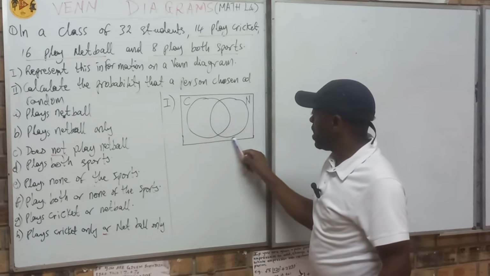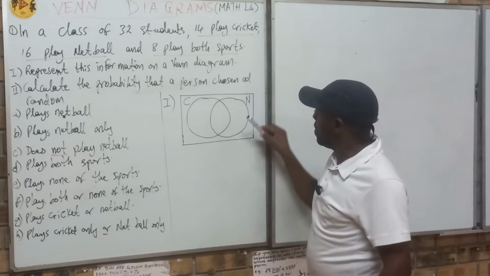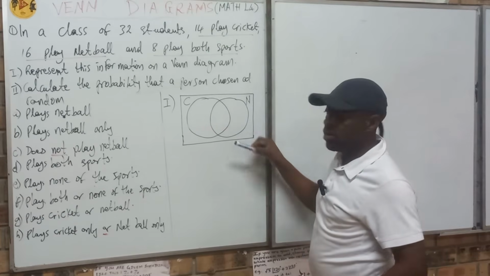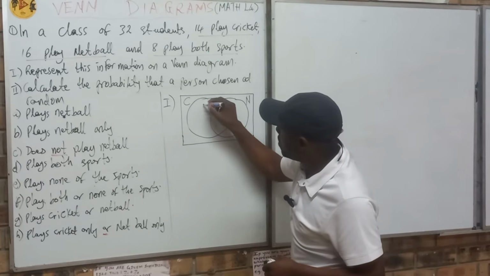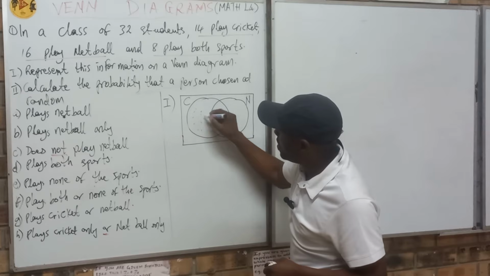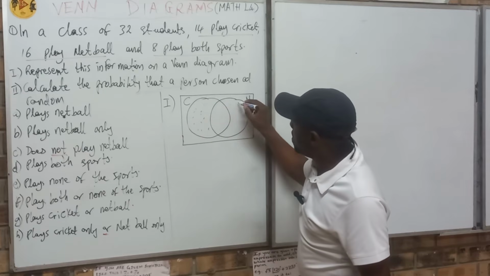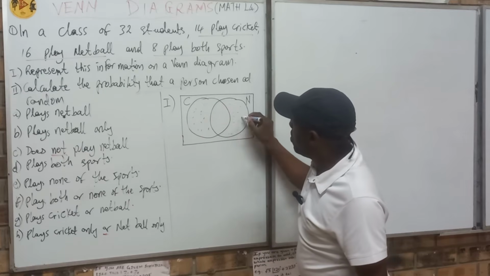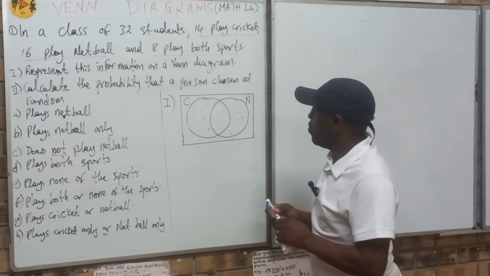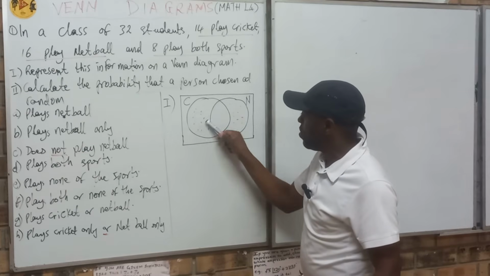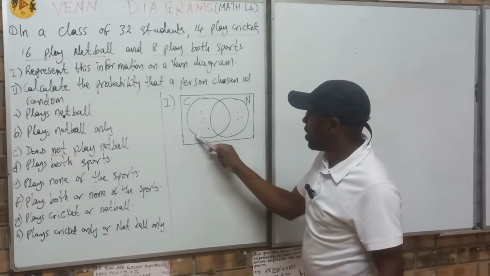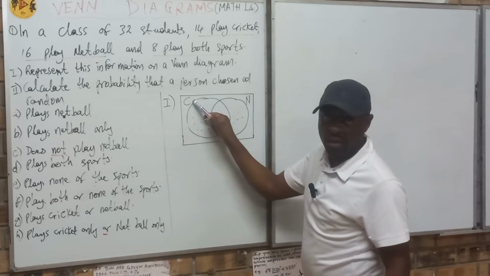Those who play netball is the whole circle. Then this is netball only. Maybe I can put some dots there to show that this is cricket only, then this is netball only. You must know the difference between cricket only and cricket. Cricket means I go through the whole circle.